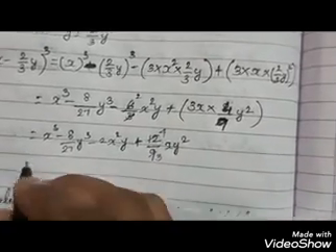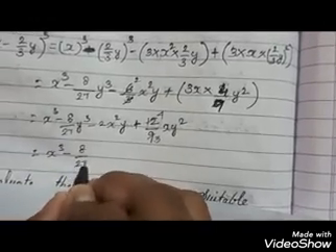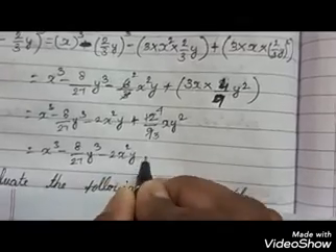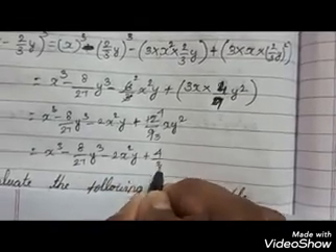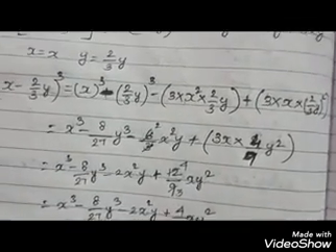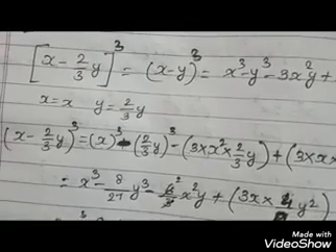So the final answer is x cube minus 8 by 27 y cube minus 2x square y plus 4 by 3 x y square. This is the cube expanded form of (x minus 2/3 y) the whole cube.